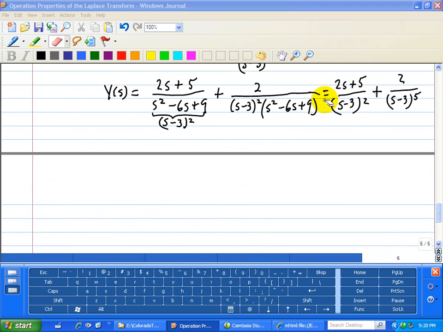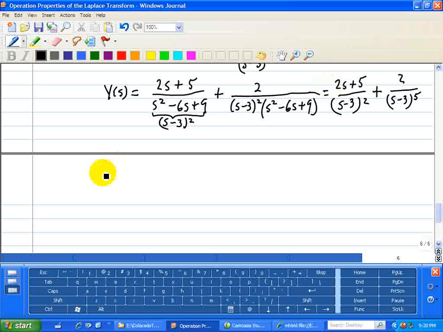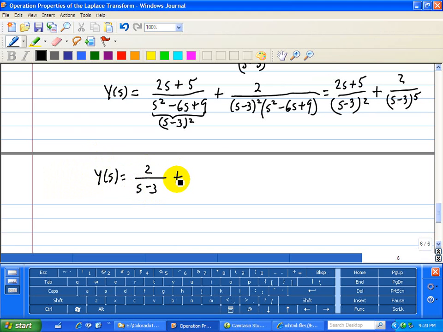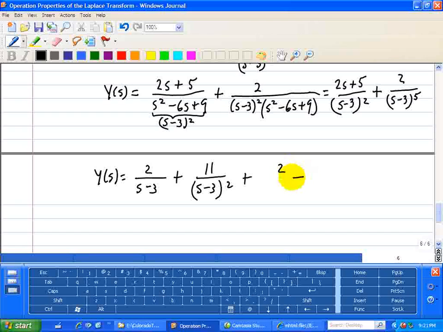Okay, first we note that this first term here we already did, and we found that we can expand that already to Y of s equal to 2 over s minus 3 plus 11 over s minus 3 squared plus 2 over s minus 3 to the 5th.